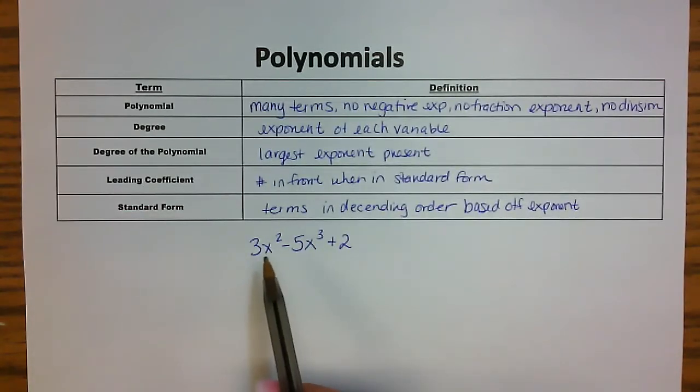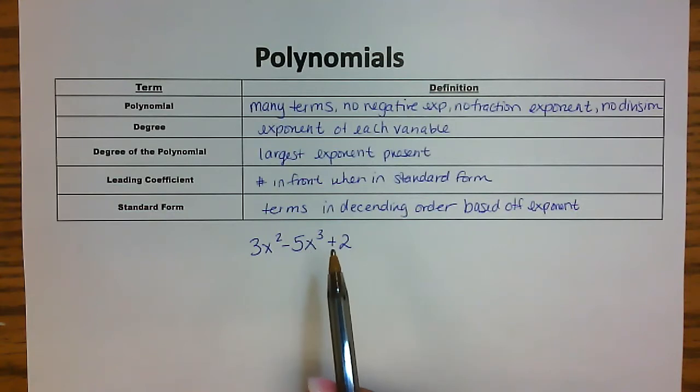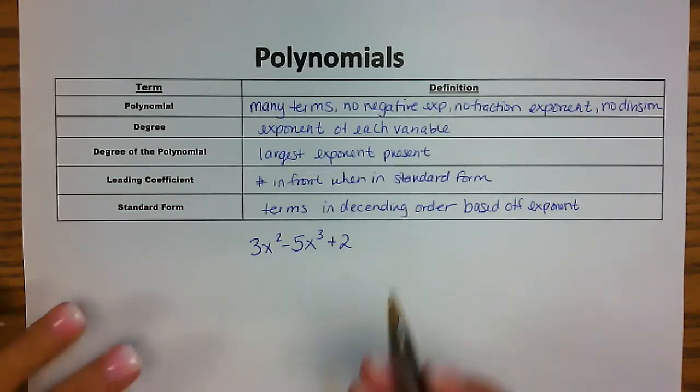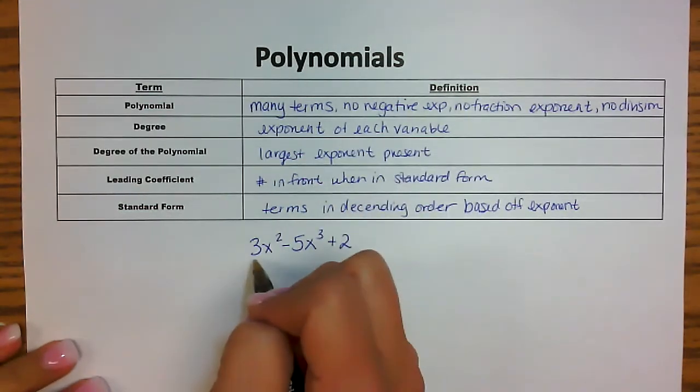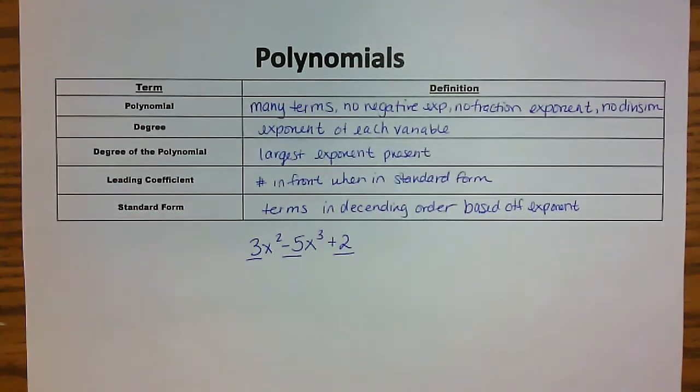The first term is 3x squared, then we have an operation of a minus, and we have 5x cubed, and then we have an operation of addition, and then we have the 2. The coefficient of each term is going to be in front of the variable. So this coefficient would be 3, this would be -5, and then this is just a constant, so it would just be 2.